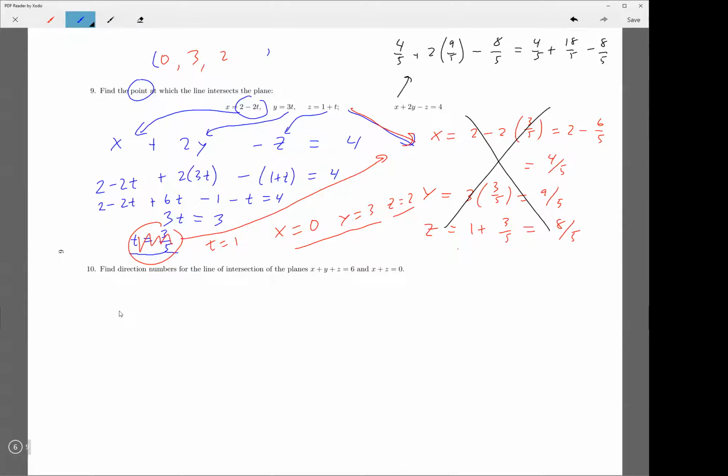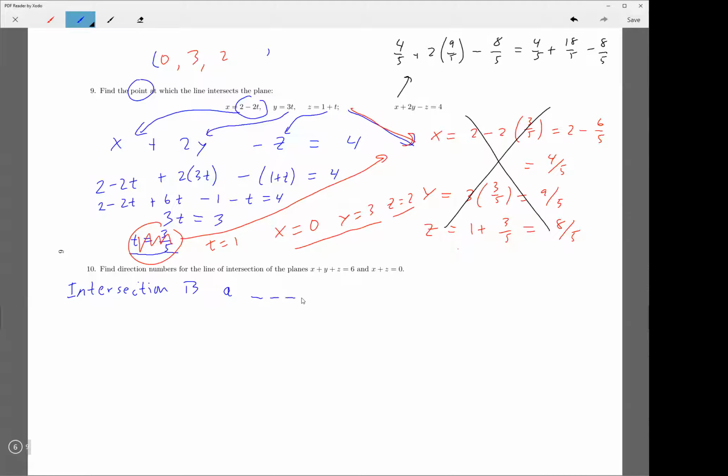The idea here is you have two planes, and when two planes intersect, what does the intersection look like? Anybody? The intersection is a, you guys want to play hangman again?